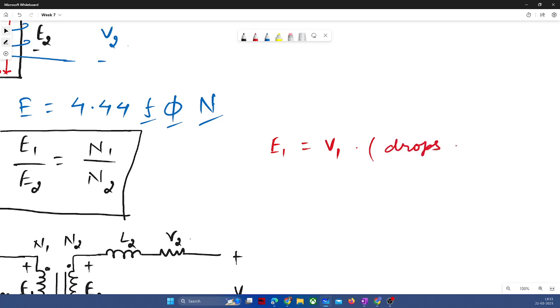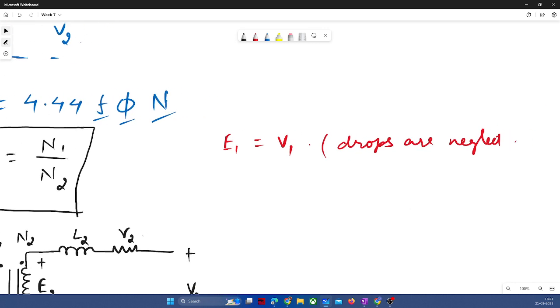So leakage inductance is zero and primary resistance is zero. When drops are neglected, it means E1 is equal to V1. Now, again, we are assuming that our transformer is 100% efficient, a lossless transformer. Only then can we say that V1 I1 is equal to V2 I2.